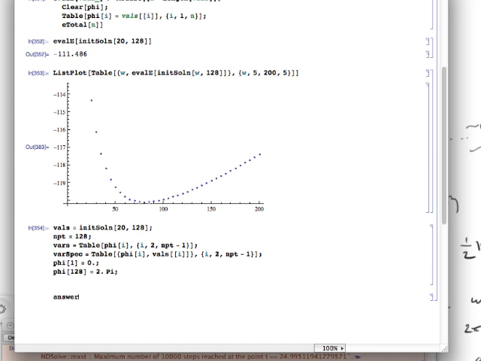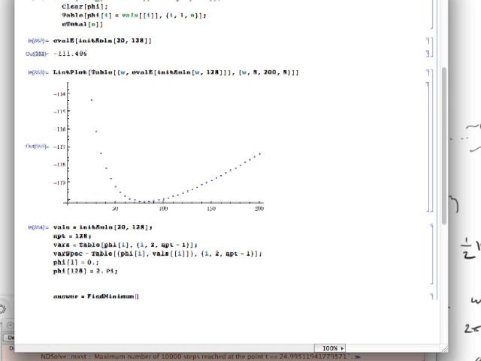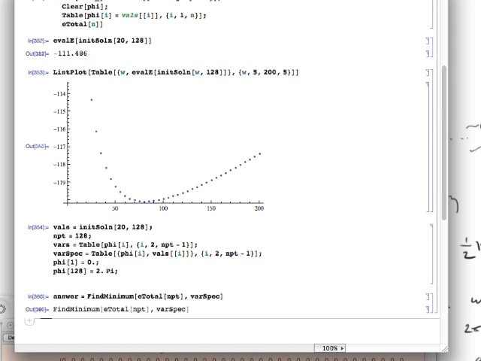And now I can do my find minimum. I hope this works. Apparently not.